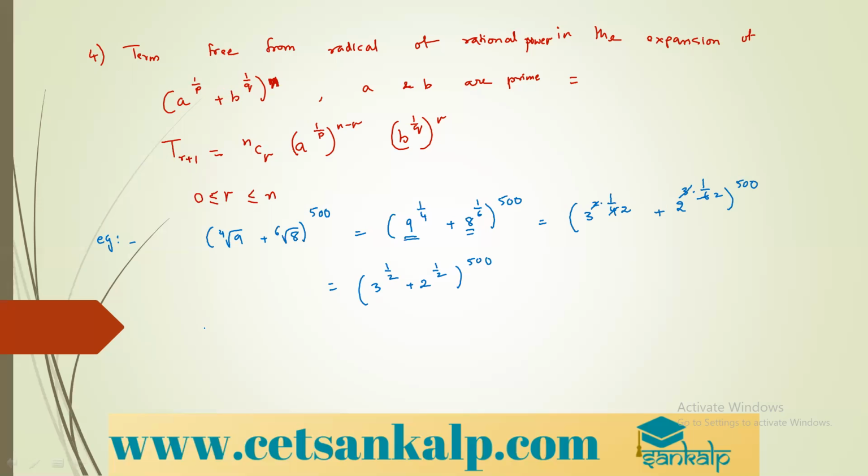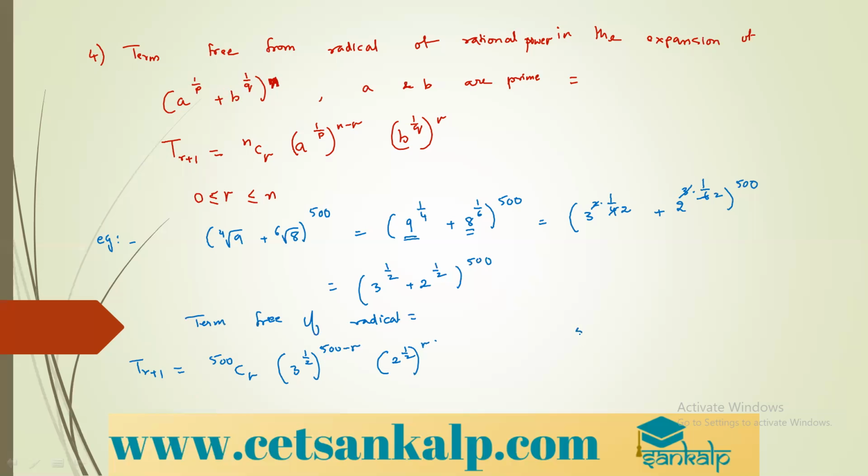Now I have to find the term free of radical in this expansion. So first of all, I will write the general term: nCr, then 3 power half will have power 500 minus r, 2 power half will have power r.